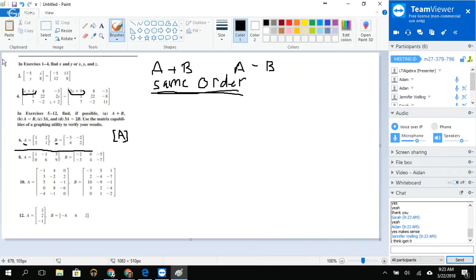As long as my two matrices have the same number of rows and columns, then I can perform that operation.